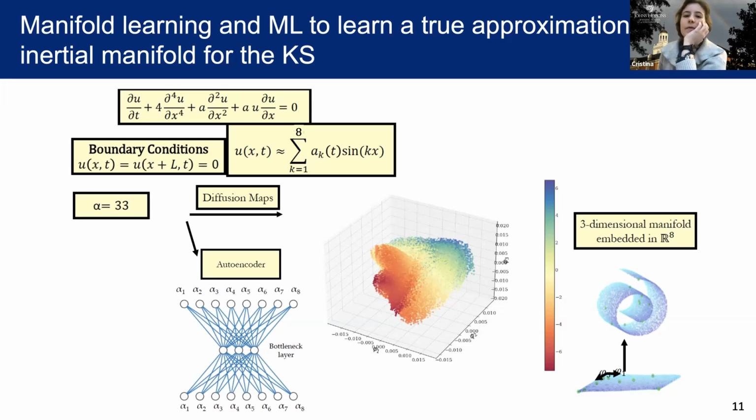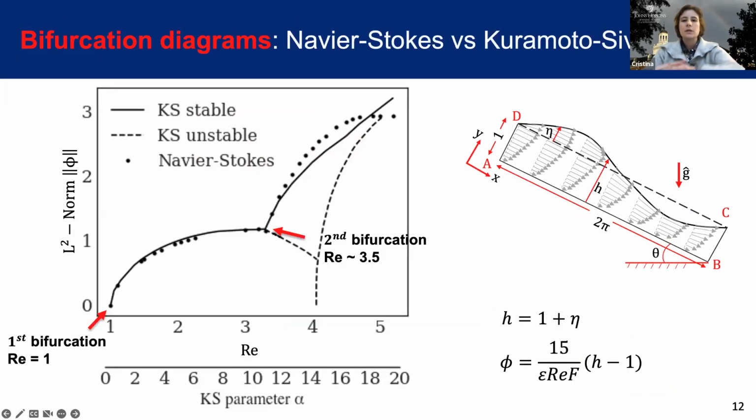In this case, we found that the manifold is 3-dimensional and embedded in the H-dimensional space of those H Fourier modes. The bifurcation diagram was computed, and it tells us information about the long-term solution.